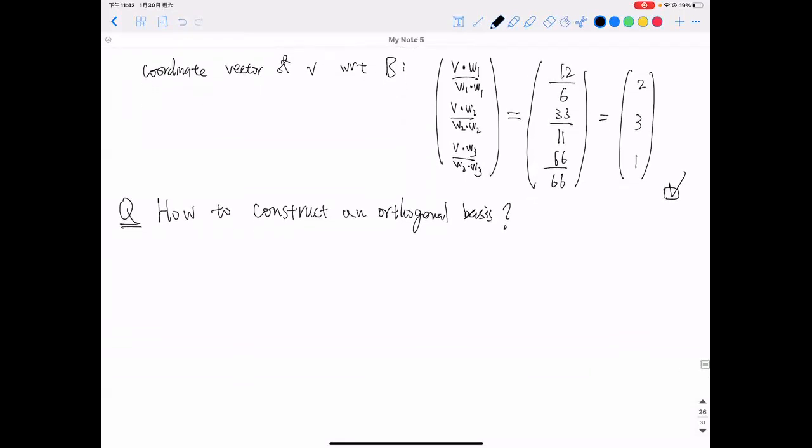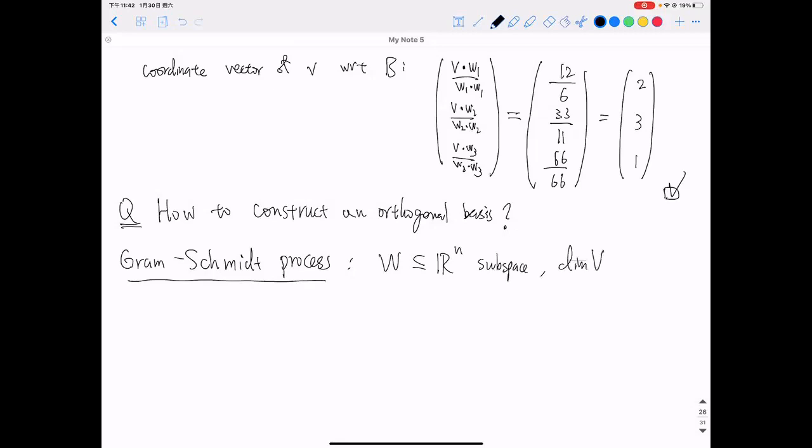There's a general process called the Gram-Schmidt process. The setup is this. W is a subspace, let's say the dimension is P, and the process requires as input a basis to begin with. Say you have a basis W1 through WP.